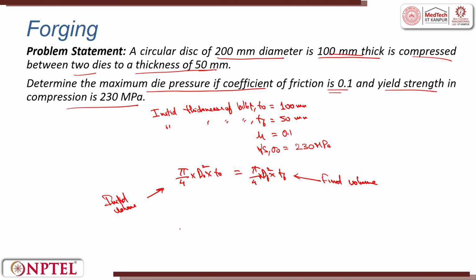From here we can find the final diameter, because the initial diameter is given as 200 millimeters. That means D initial is equal to 200 millimeters. So D final would be D naught square into initial thickness over final thickness.